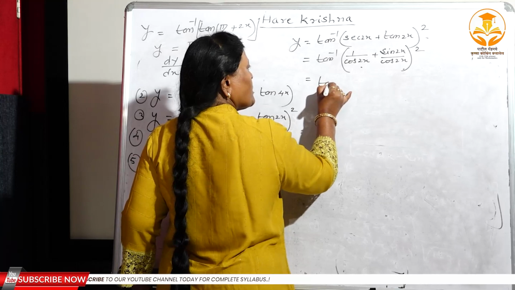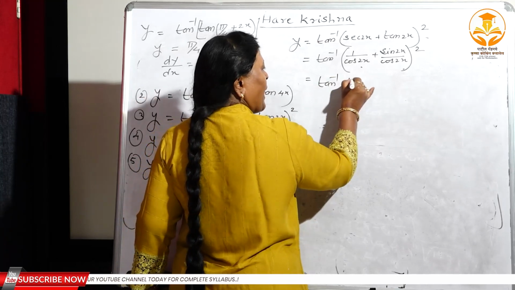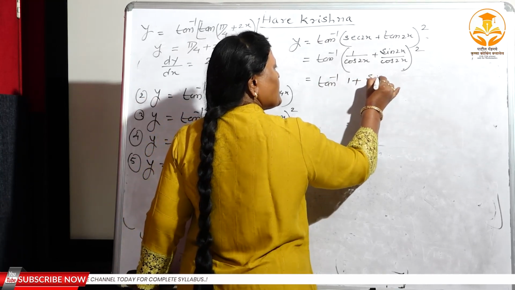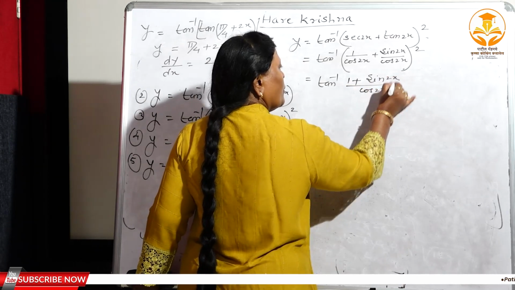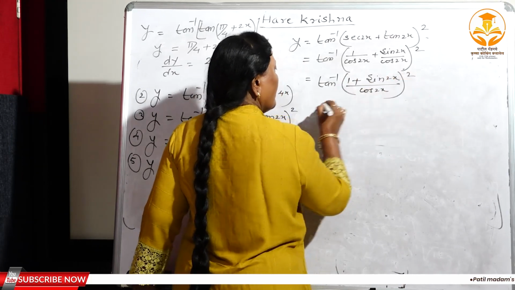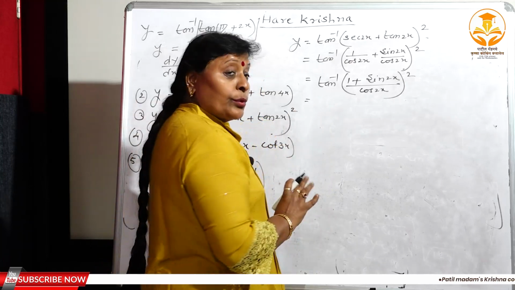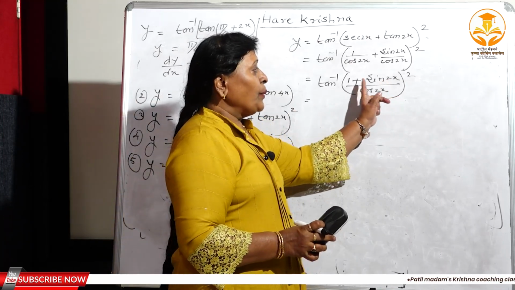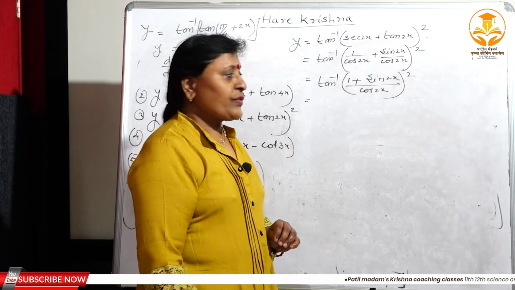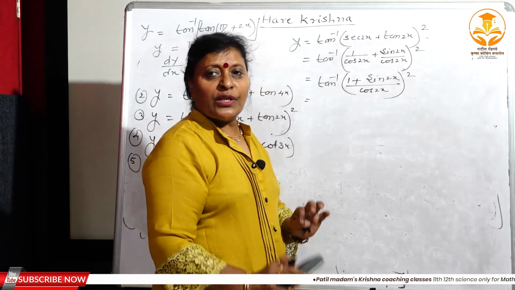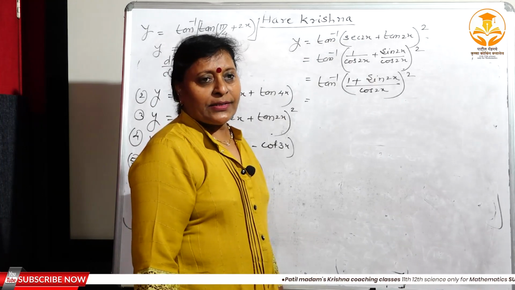Again if you observe this, the denominator is the same, so directly add the numerator: (1 plus sin 2x divided by cos 2x) whole square. Now here, don't use that formula 1 plus sin 2x equal to (cos x plus sin x) whole square, and here also don't use the formula cos square x minus sin square x.